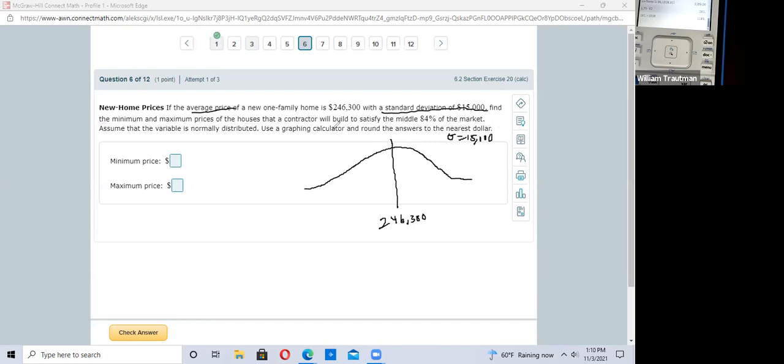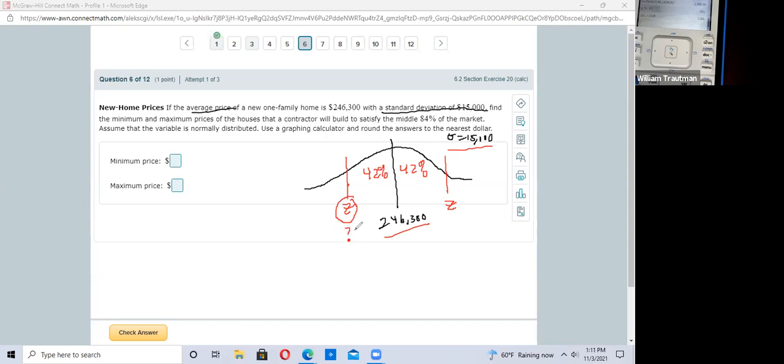Find the minimum and maximum the contractor needs to satisfy the middle 84%. 84 divided by 2 is 42, so 42% on this side and 42% on this side. That's 84%. We need to find the values right here, and we can do that using inverse norm. First I'm going to find the value for this spot right here.